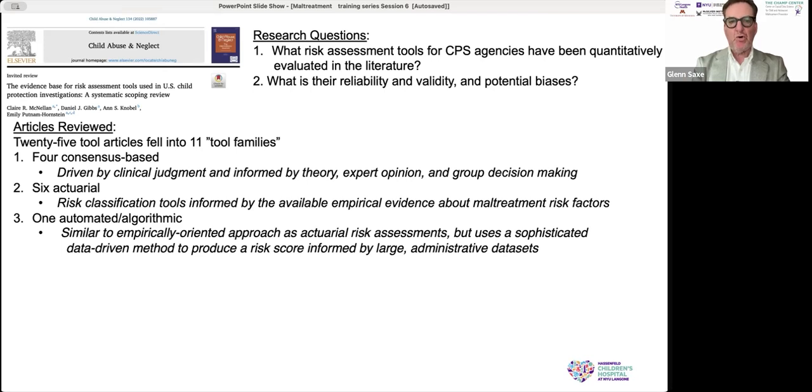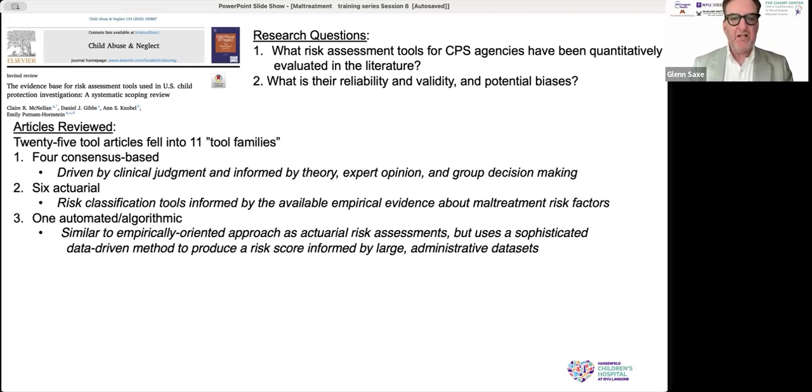So the risk score is about, is the child at risk for a maltreatment outcome, but not about causal factors that reveal promising intervention targets, which is where we're trying to bring the field further.